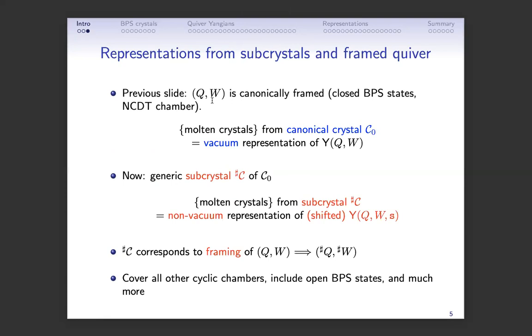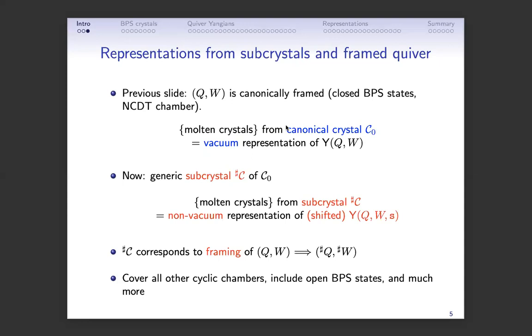That means we're only considering the closed BPS states, in the non-commutative DT chamber. The set of BPS states are the molten crystals from the so-called canonical crystal. They correspond to the vacuum representation of this quiver Yangian.